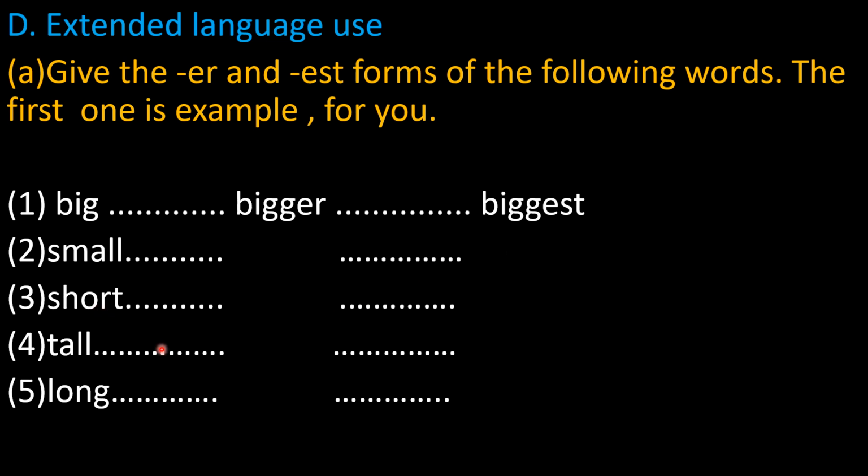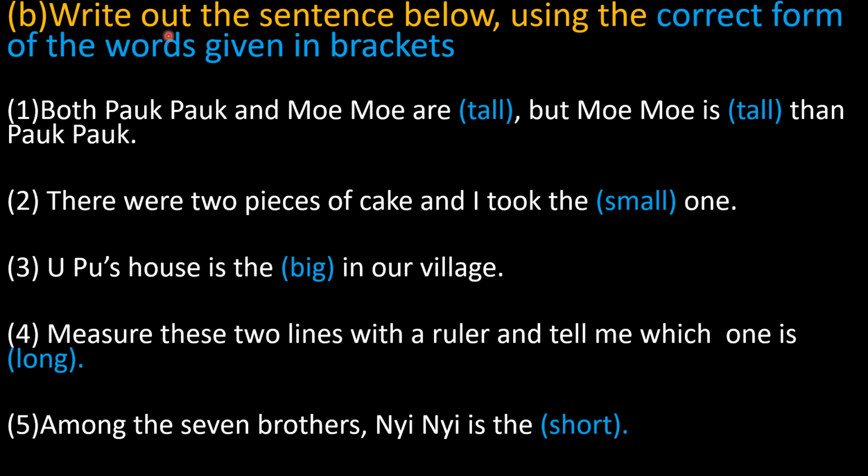Short, shorter, shortest. Tall, taller, tallest. Long, longer, longest. Write out the sentence below using the correct form of the words given in brackets.